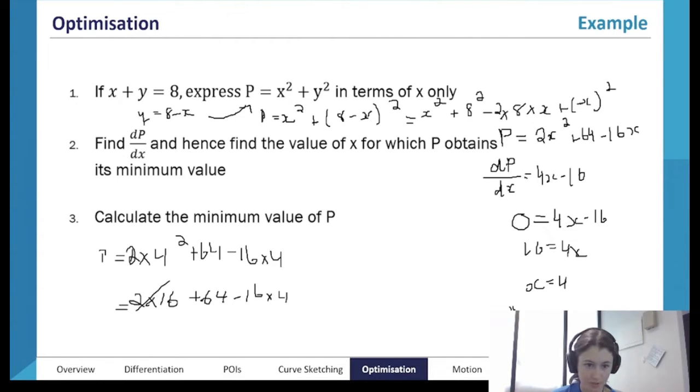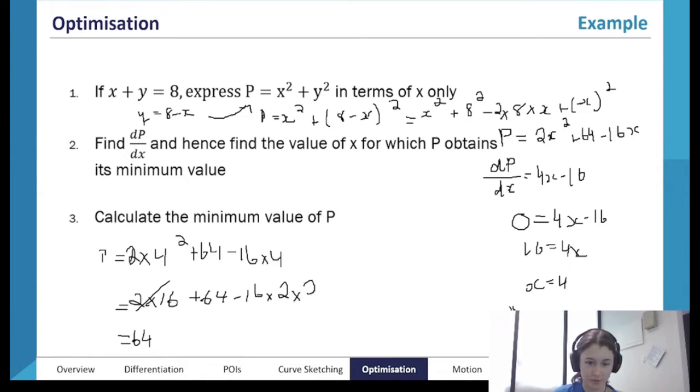So this is actually going to cancel out because 2 times 16 and negative 16 times 4 are like terms to an extent, because we have 2 times 16 and then 16 times 4, which is the same as 16 times 2 times 2, right?